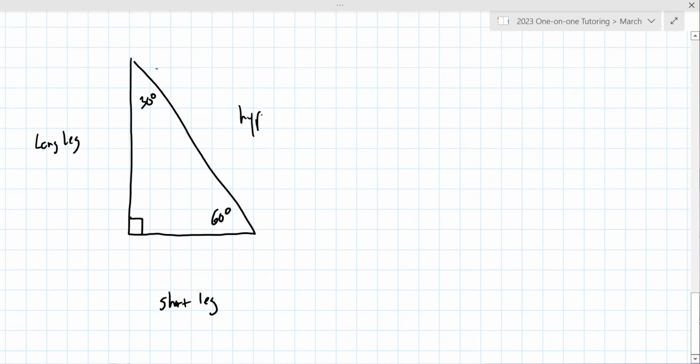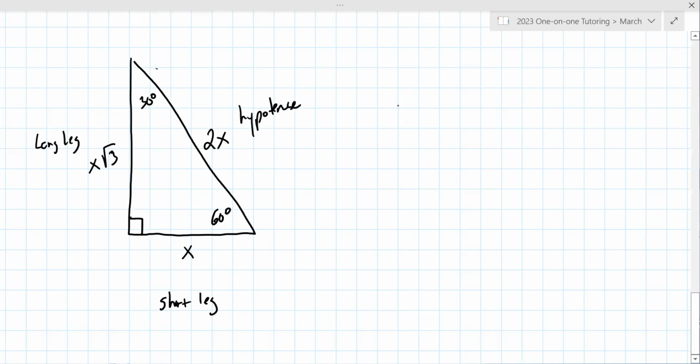And the hypotenuse is still the hypotenuse. The reference is, if you're given the short leg, the hypotenuse is double the short leg, and the long leg is the short leg times the square root of 3.